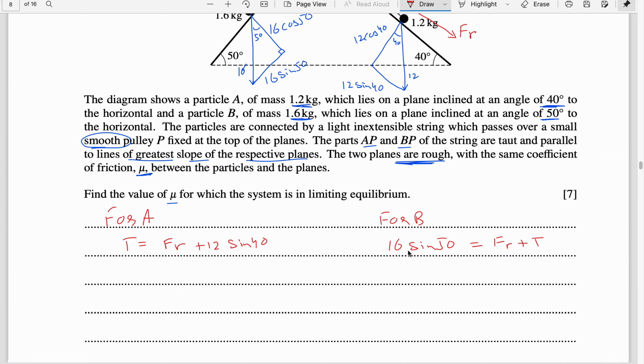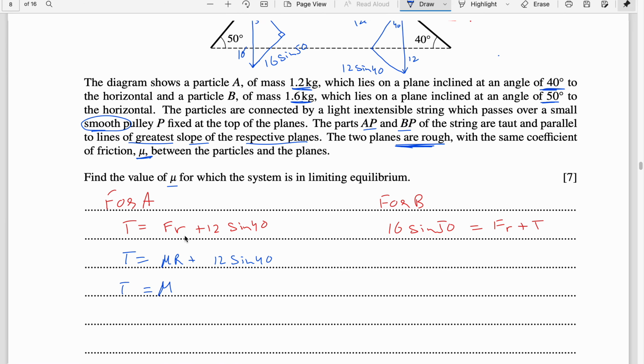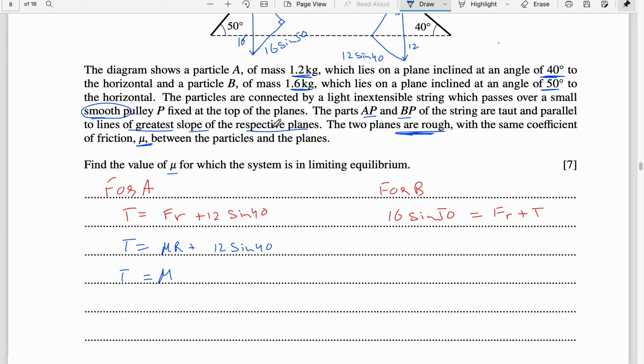Now we can plug in a few values and solve them simultaneously to find the unknowns. So for this, tension equals friction, which is mu R, plus 12 sine 40.